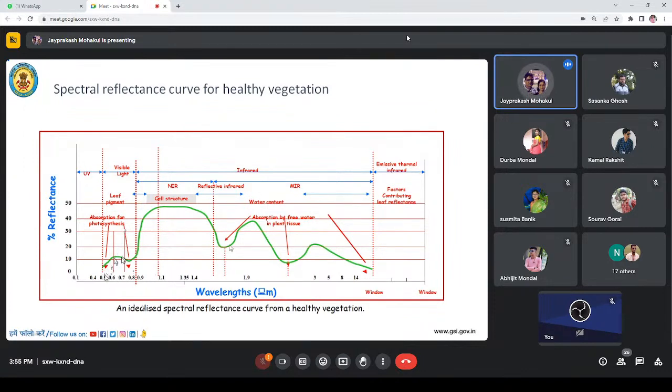Suppose I have 10 bands, right, or 15 bands. I have a blue band. That particular pixel will have some DN value for blue. The same pixel will have a DN value for green, the same pixel will have a DN value for red, the same pixel will have a DN value for NIR, and the same pixel will have a DN value for this absorption band. So depending upon how many bands I have, that many values each pixel will have, right?